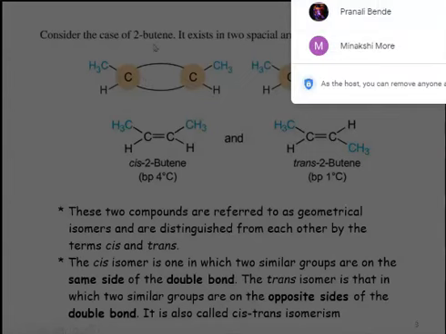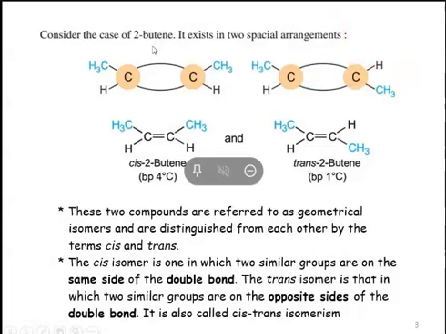As it is 2-butene, the double bond is at position number 2 and it has a 4 carbon chain: first carbon, second carbon, third carbon and fourth carbon. This is one spatial arrangement, and in the second arrangement you can see the same first carbon, second carbon, double bond at position 2, third carbon and fourth carbon.